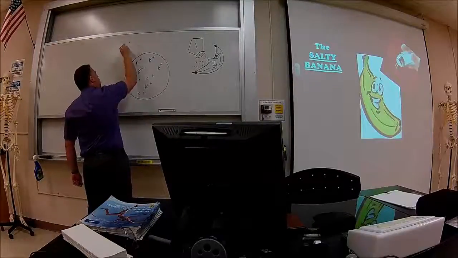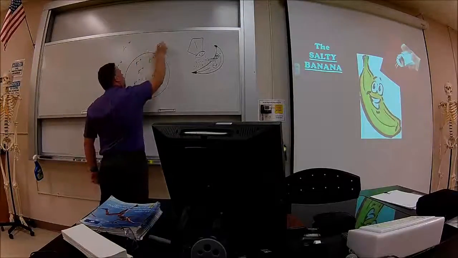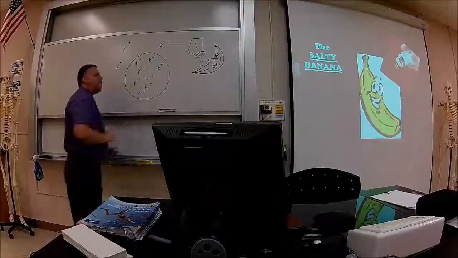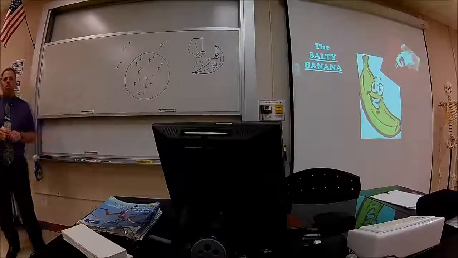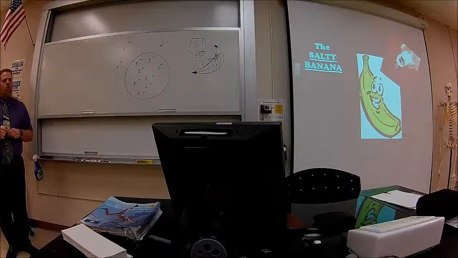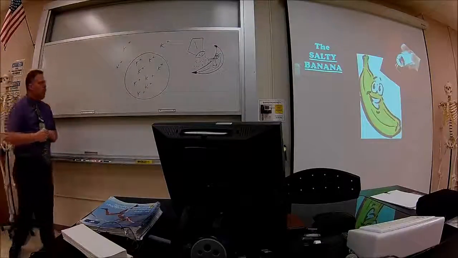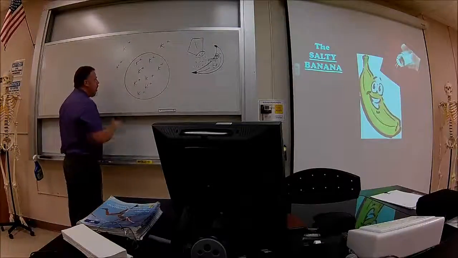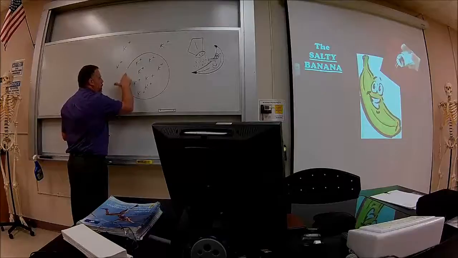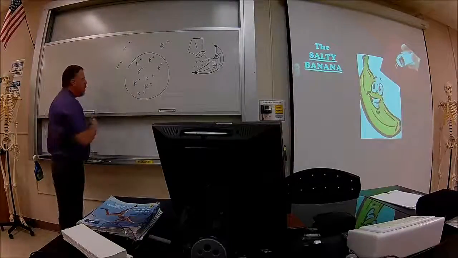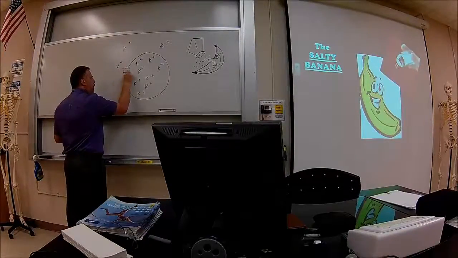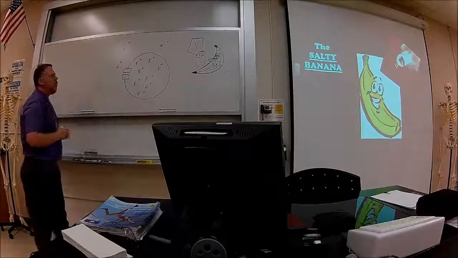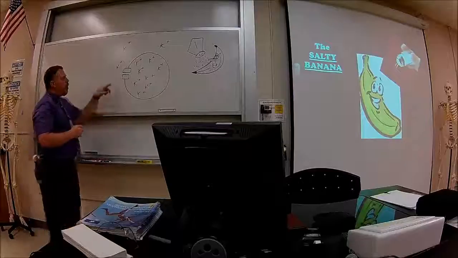There's going to be potassium on the outside, but not as much as we do on the inside. Now, we do have potassium gates that are going to be over here. And they're closed.